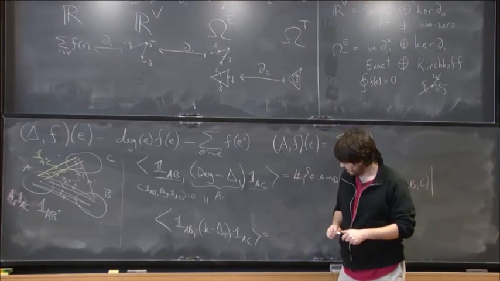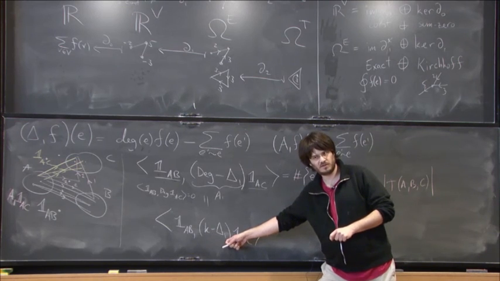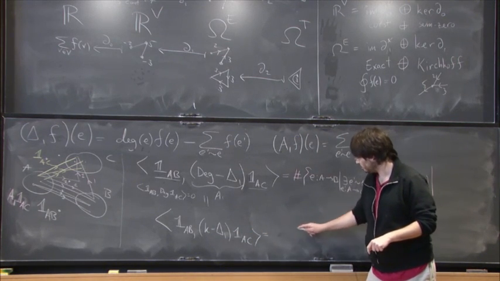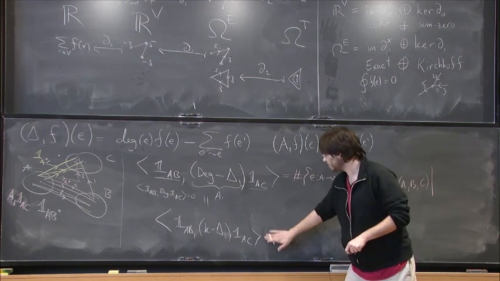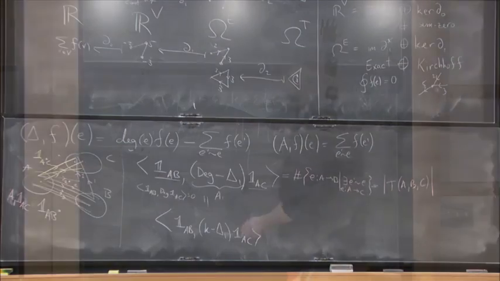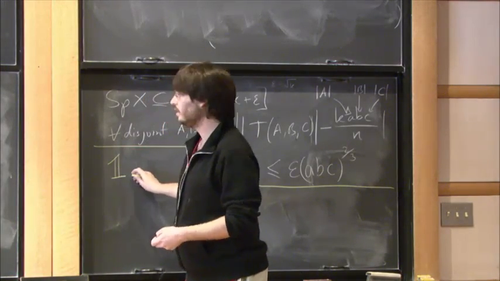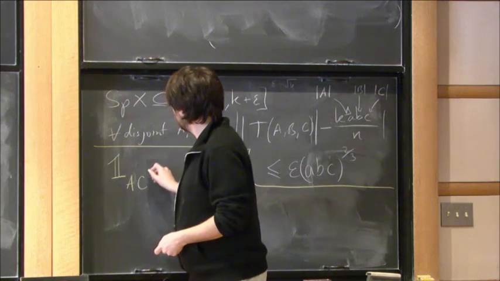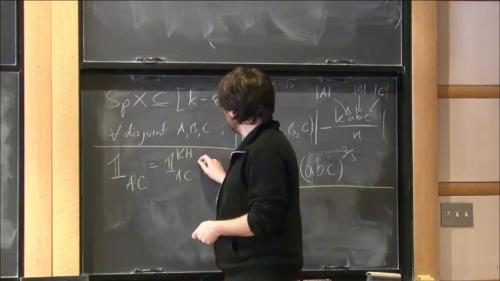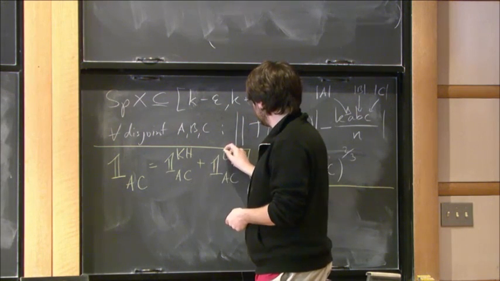But it's still the same. Now, what we know is the spectrum of this operator on the Kirchhoff forms is concentrated. So let's split it. Let's split 1 AC to the Kirchhoff part and the exact part.